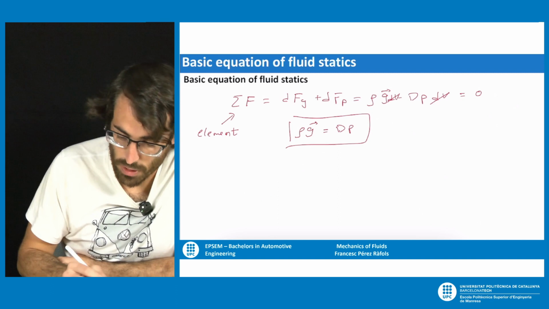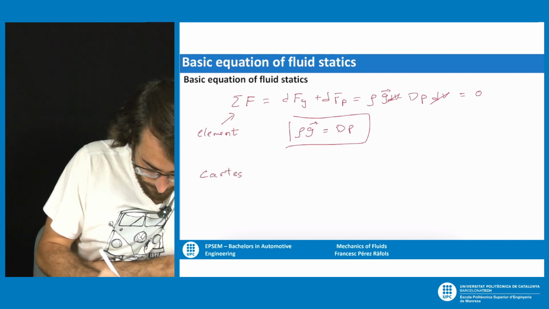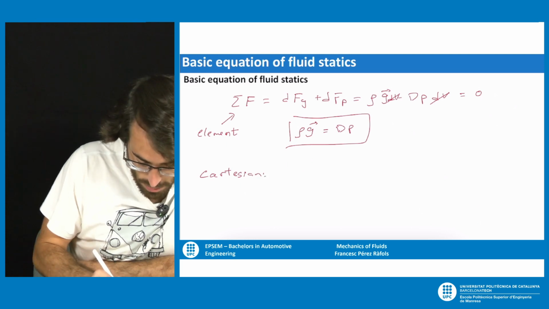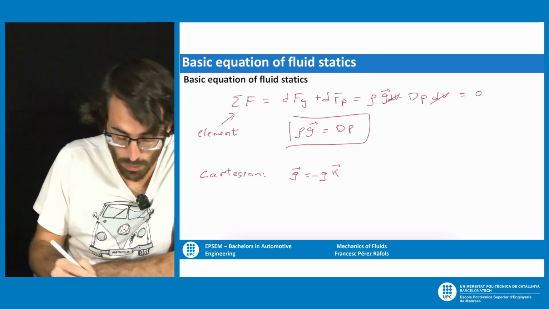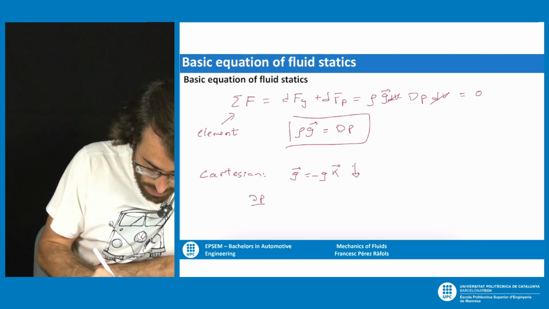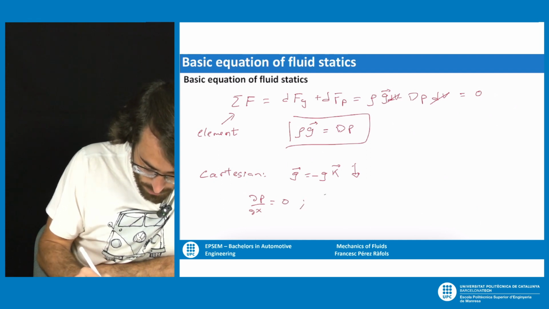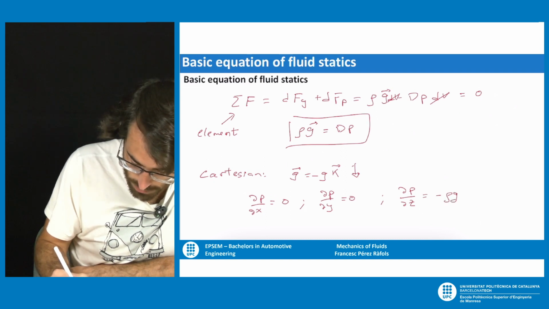If you're not comfortable with Nabla, we can write that in Cartesian coordinates. We can assume that gravity is going in the negative z direction, so it's pointing downwards. And then we would have that dP dx is equal to 0, that dP dy is equal to 0, and that dP dz is equal to minus rho g.